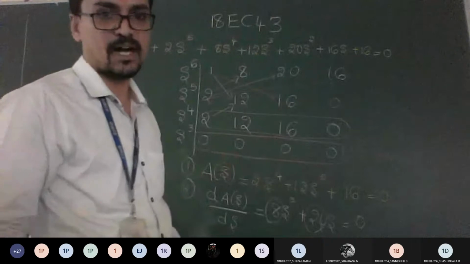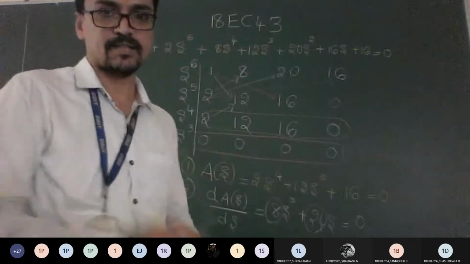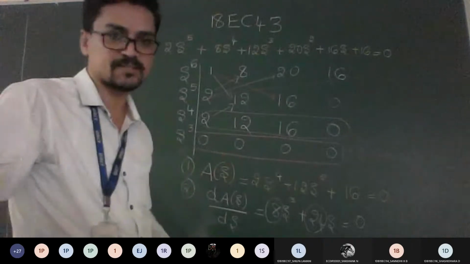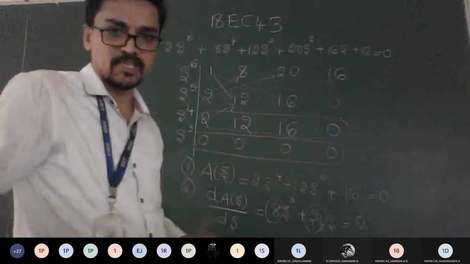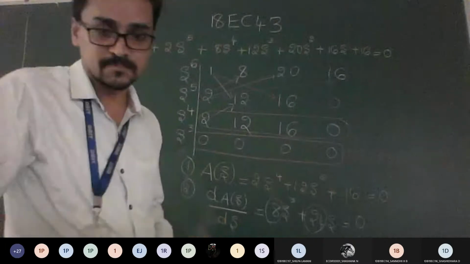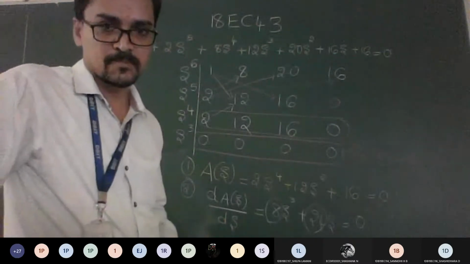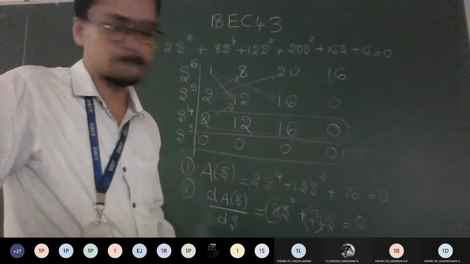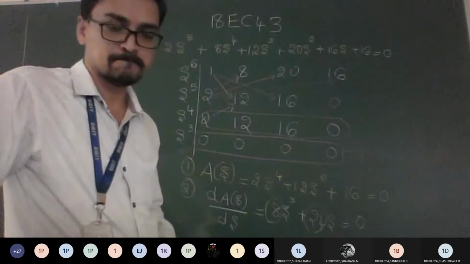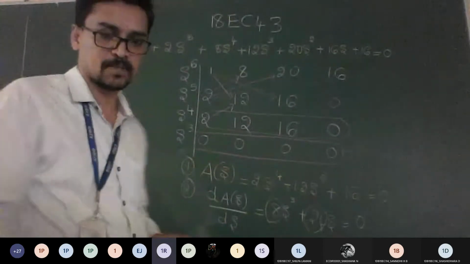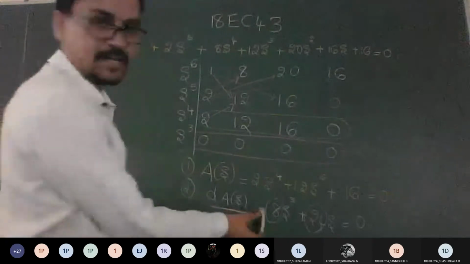Then you proceed and check whether we get any stability or instability answer. Is this okay till here? Can we proceed, guys? Okay, so now keep these answers in mind, 8 and 24.